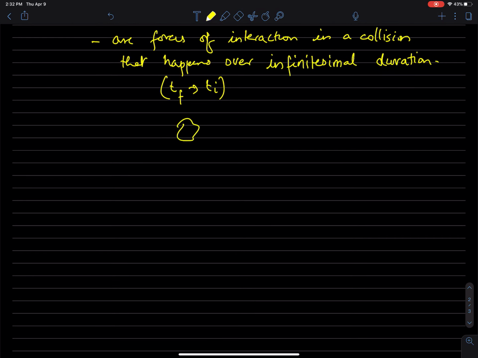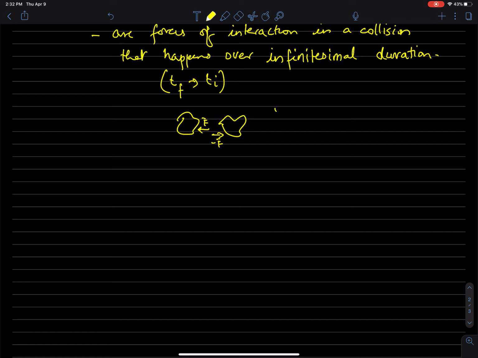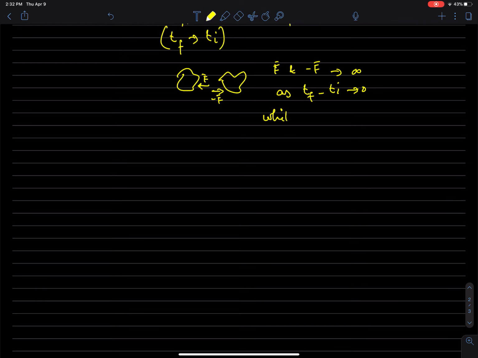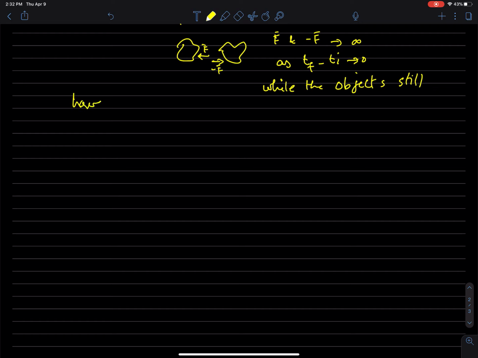If you have two objects colliding, we have forces of interaction, so basically equal and opposite forces F and minus F on the two objects, which are basically infinite as tf minus ti goes to 0, while the objects still have their velocities change across a collision.